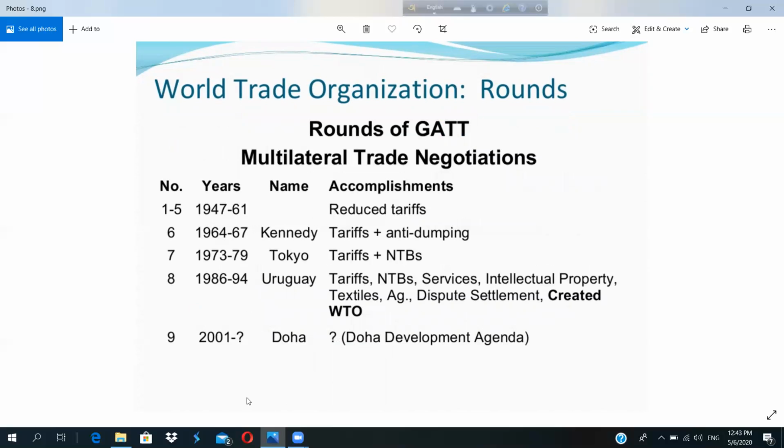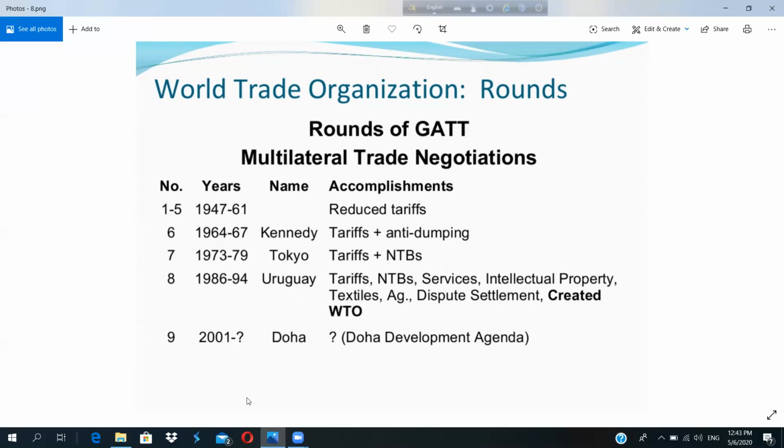So, World Trade Organization rounds of GATT, multilateral trade negotiations. Rounds 1 to 5 were in 1947 to 1961. Those rounds were held to reduce tariffs. Round number 6, in 1964 to 67, was called the Kennedy Round. That round was about tariffs plus anti-dumping.